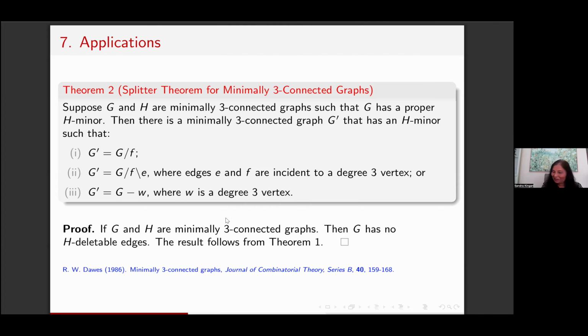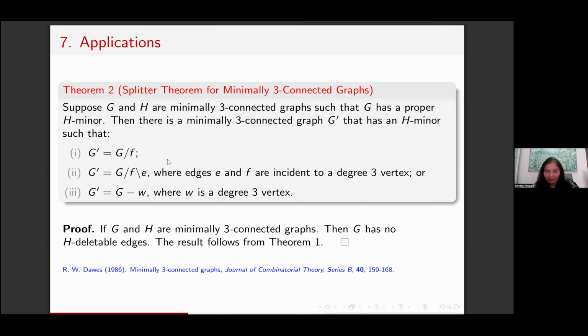But the next paper that I'm going to write is going to be an if and only if condition for graphs without H-deletable edges. And I'm going to use Dawes' conditions over there, which I'm hoping will work. This is a theorem that I'm hoping will work out.